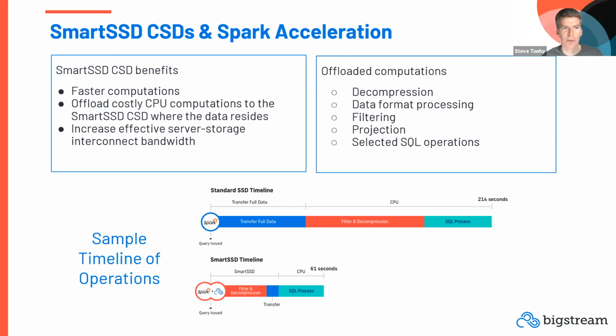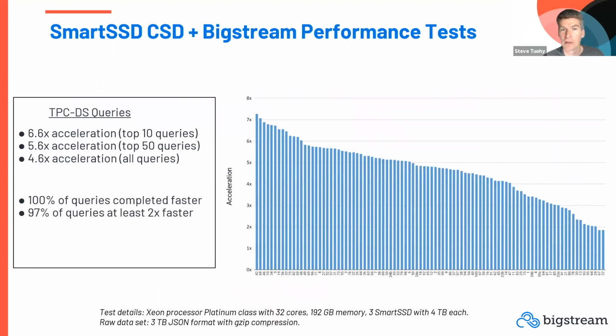So let's take a look at some of the results that we have recently with the SmartSSD in a Spark cluster. These are across the 100 TPC-DS queries, so the decision support part of this. So these are ad hoc analytics. And right here across the board, you'll first notice that we have almost double on every single one of these queries. I think there's one or two of them, maybe three of them, that are just shy of 2x acceleration.